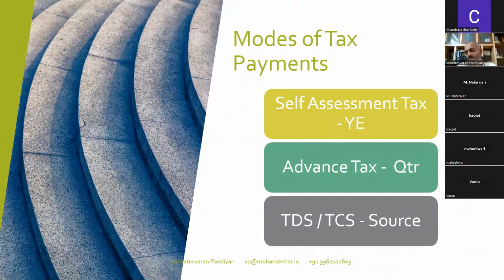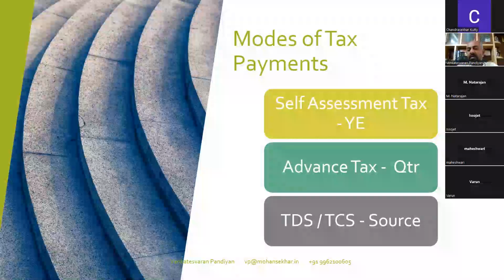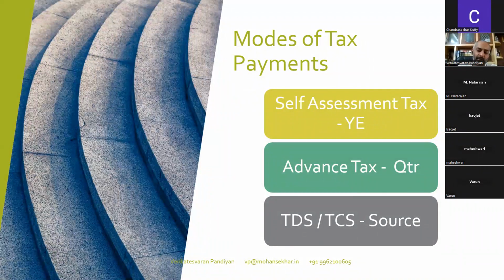The third source of income tax collection is the subject of discussion for our series, which is tax deduction at source or tax collection at source. What is this? The tax is collected or deducted at the source of the transaction. So what does it mean?